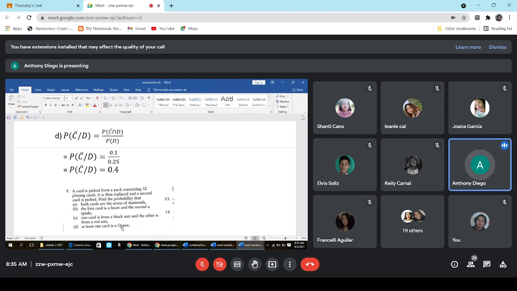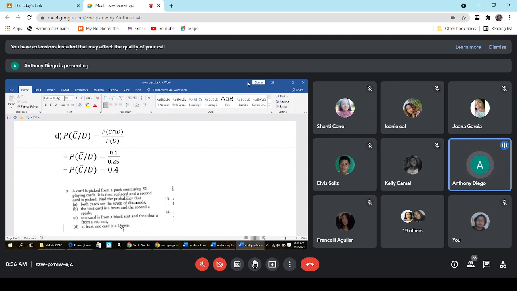So if you notice now, this will be selection with replacement, meaning that you still have the opportunity to pick the same card that was drawn first as many times, because remember, it is being replaced back. Now, a card is picked from a pack containing 52 plain cards.